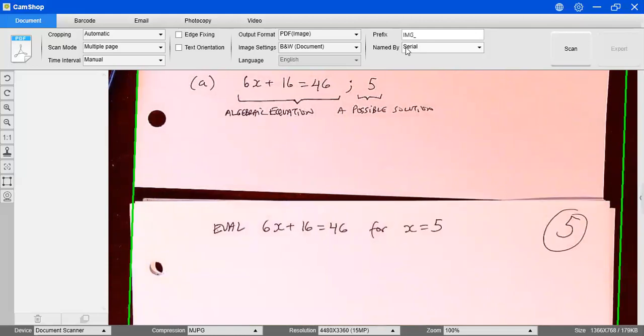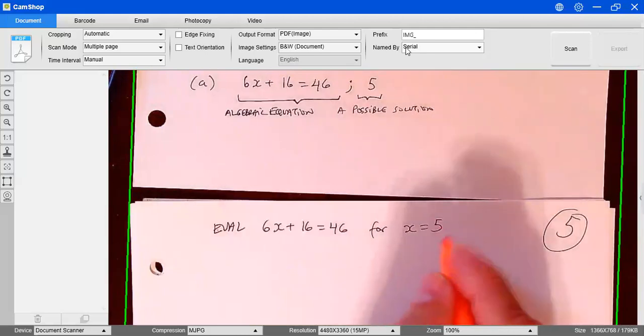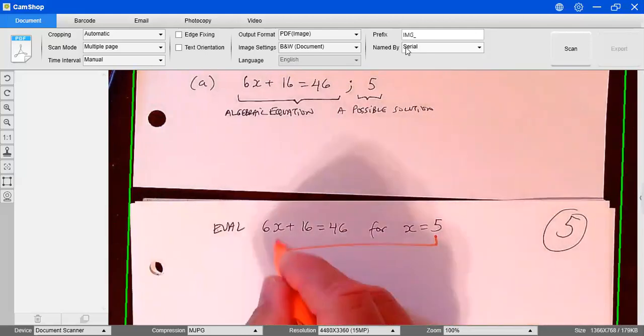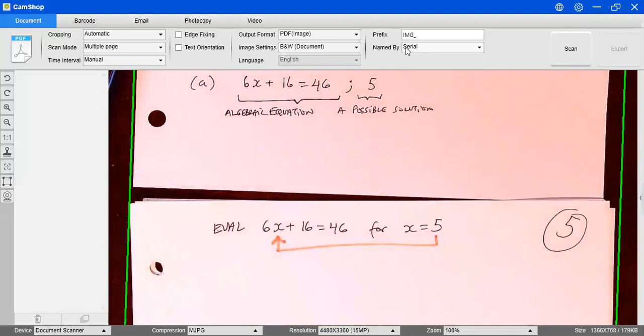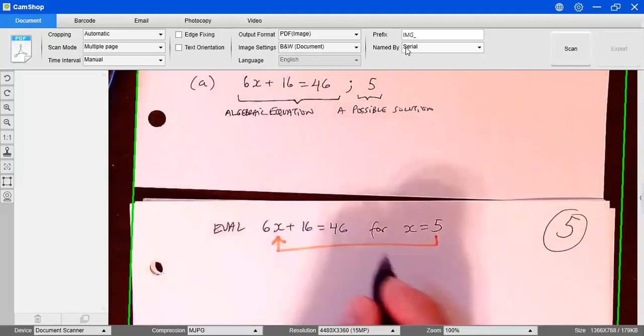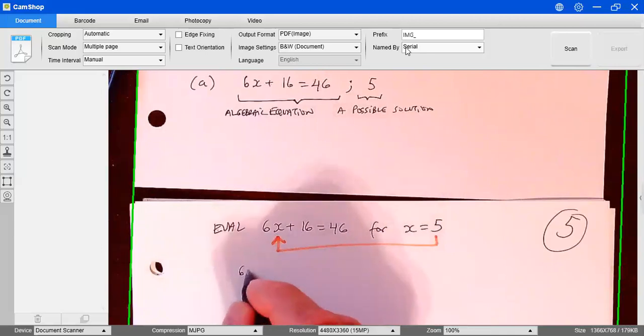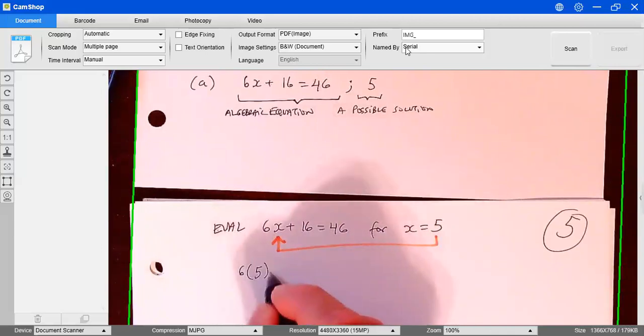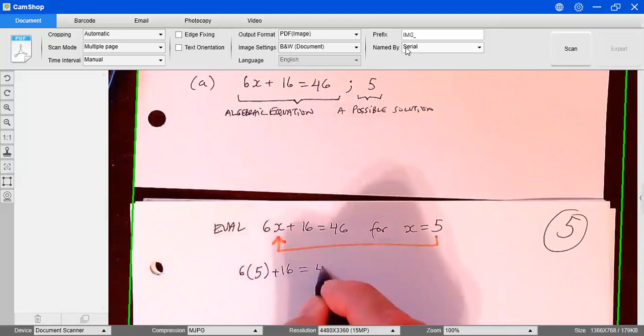That's the way that we're going to verify whether 5 is a solution or not. The rules are the same. If you're going to evaluate, it's just replacing every x that you have in the equation with 5. We only have one x, so you only have one substitution to do. So we're going to have 6 times 5 plus 16 equals 46.